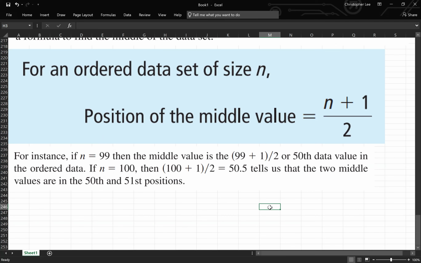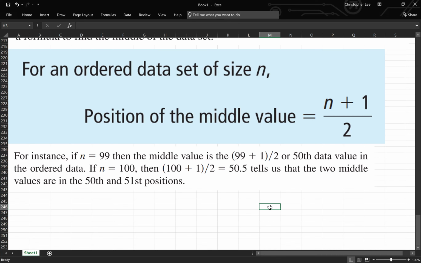If n equals 100, then 100 plus 1 divided by 2 is 50.5. This tells us that there are two middle numbers, the 50th number and the 51st number. Whatever those two numbers are, we add them together and then divide by 2 to find the median.